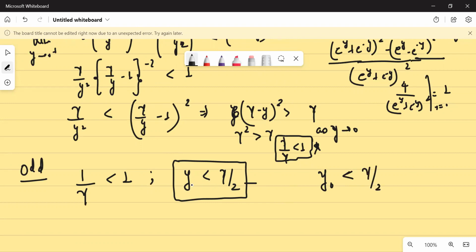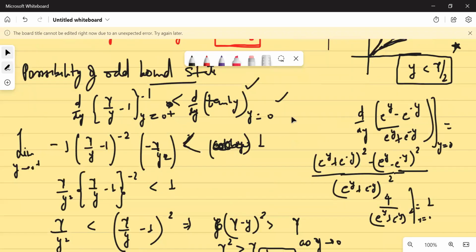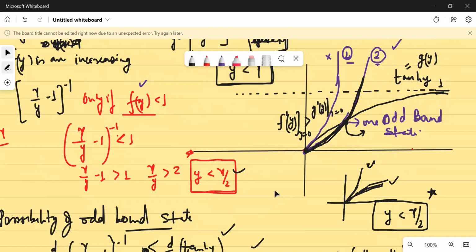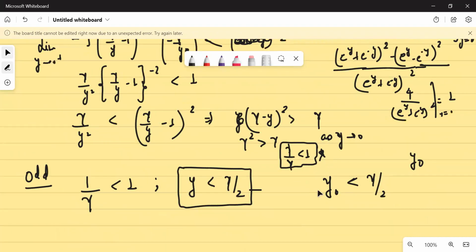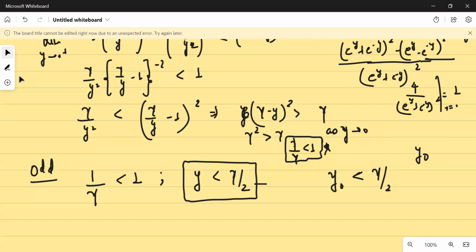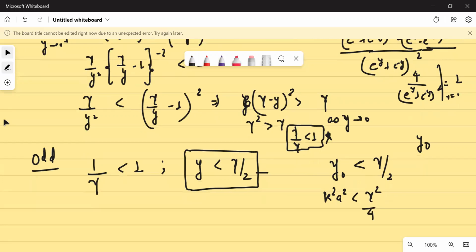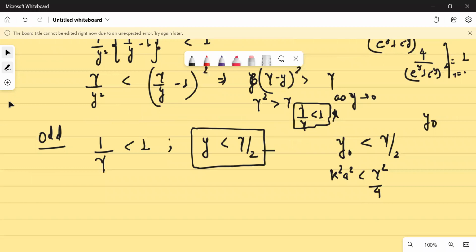If at all the solution, the solution that comes, let's say this particular solution is y naught. So y naught has to be less than gamma by 2, isn't it? So if I just square it up, what I would get? I would get k squared a squared less than gamma squared by 4. And I think y naught plus y, what did we take?